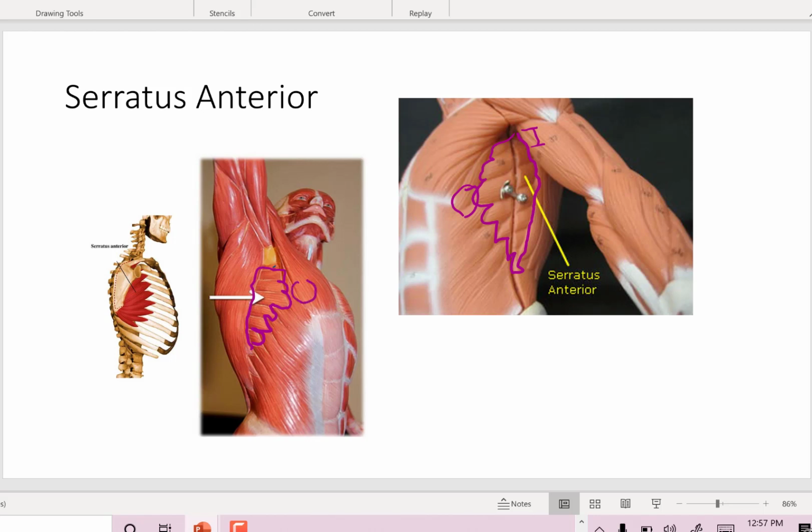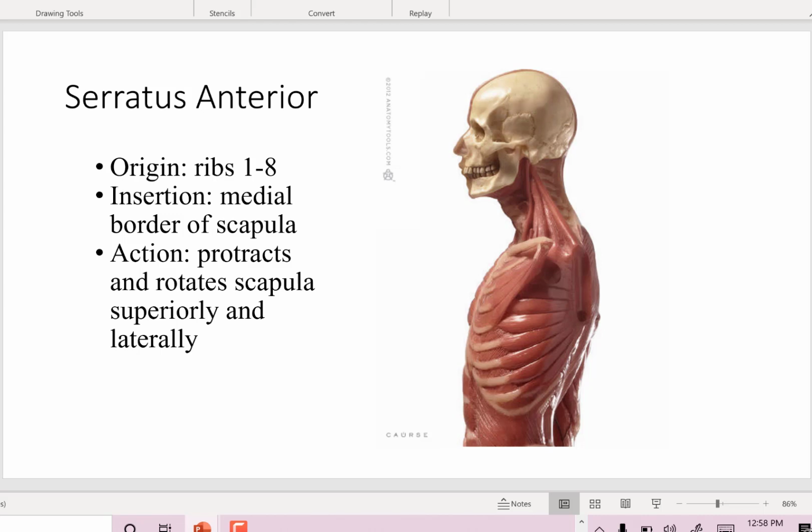So origin, O for origin, I for insertion, we can see that the action would be pulling the scapula, protracting it, and can also help with rotating the scapula because, again, some of these origins are from ribs that are higher up, ribs 1, 2, and 3, for example. All right, so again, here are the origins, insertions, and actions for the serratus anterior.